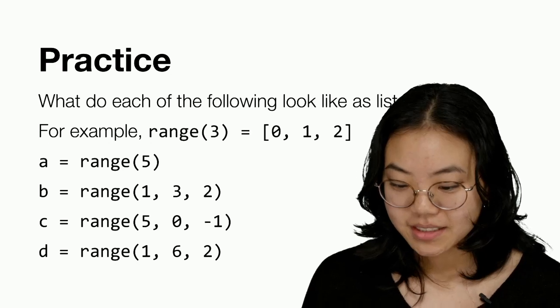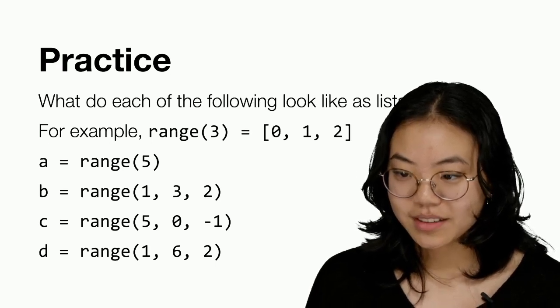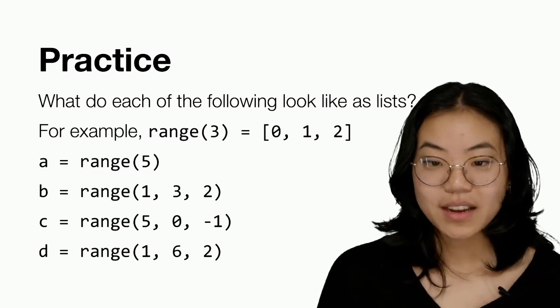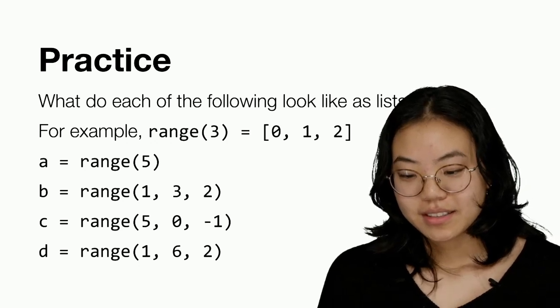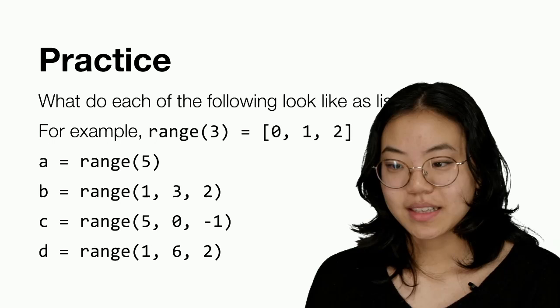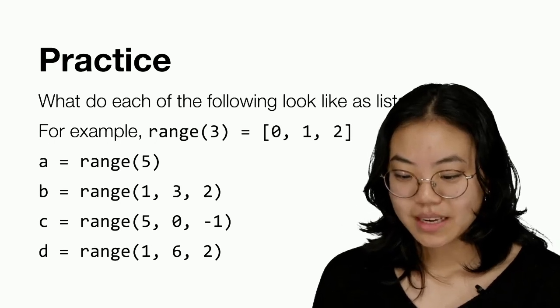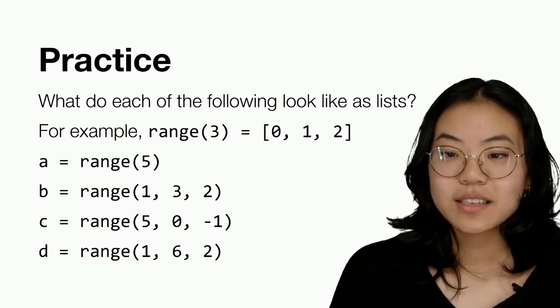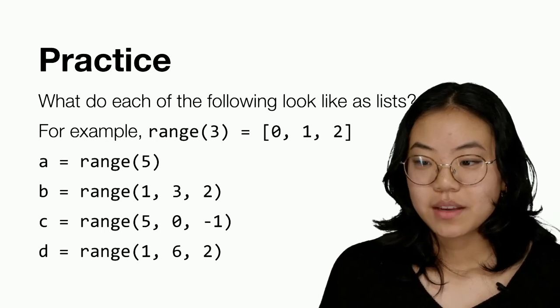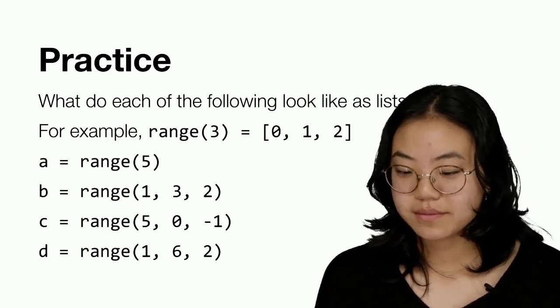For C, some people are saying we are starting at 5 now, and then we are going until, but not including 0. And each time our step is -1. So rather than increasing by 1 each time, we are decreasing by 1.